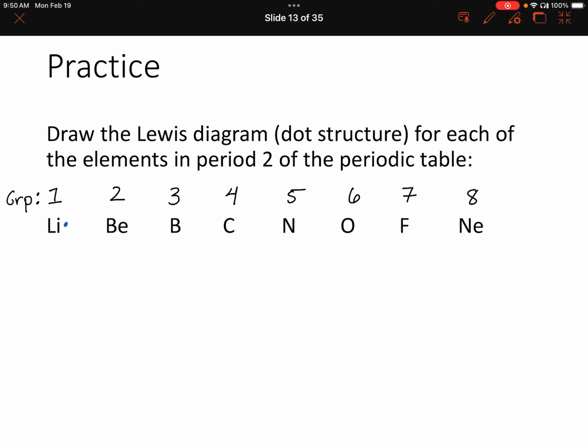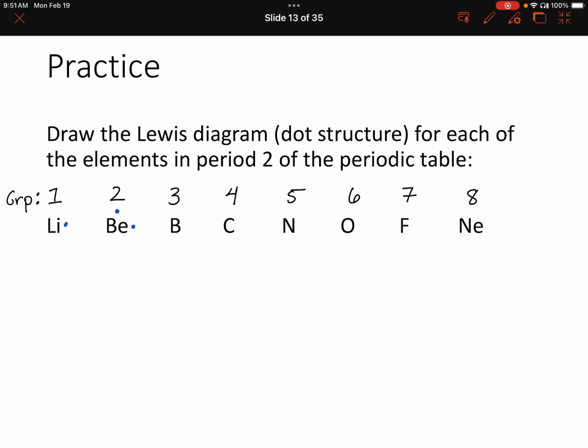Now, beryllium has 2 valence electrons, so I'm going to put 1 on one side, and the second one on a different side. So I could have put the 2 dots on the left and the right, top, bottom, or just how I drew it. It doesn't necessarily matter, but they should be on different sides.